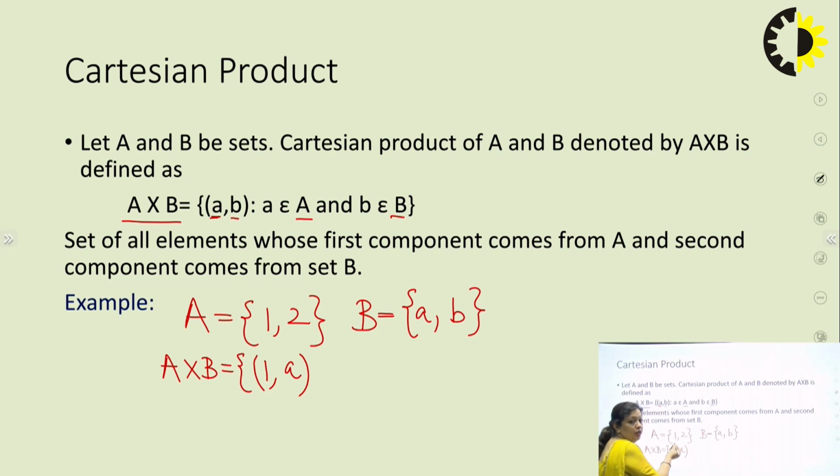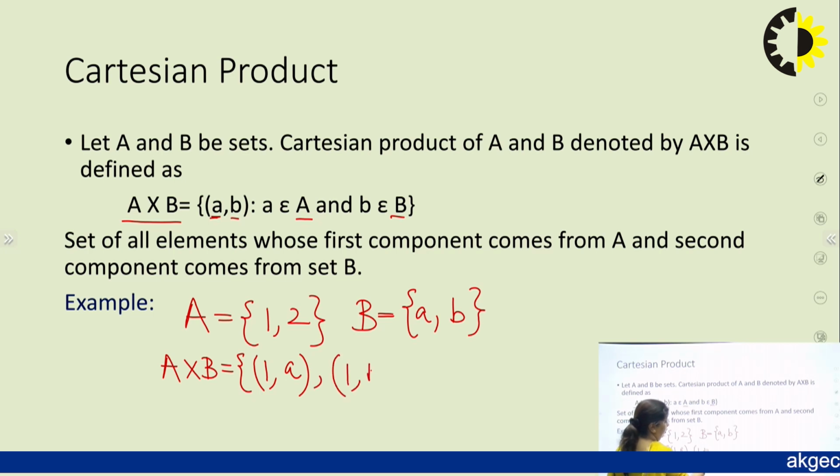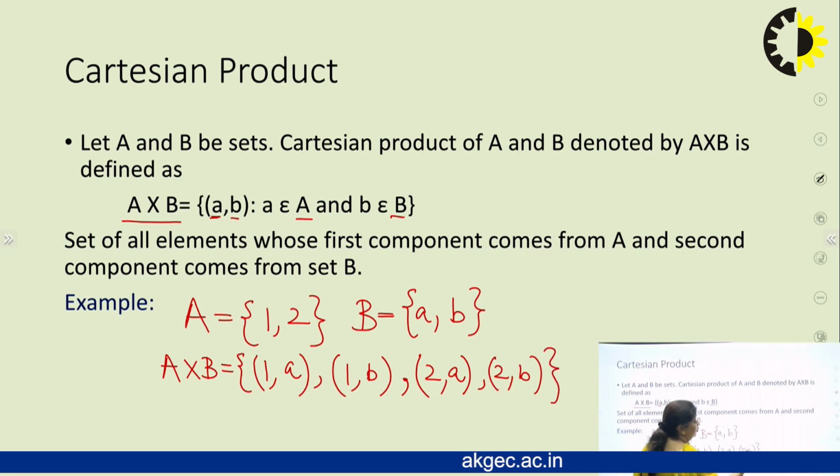Here 1 belongs to set A and a belongs to set B. Then I'll have another component (1, b). Then (2, a) and (2, b). So this is the set of all the possible combinations such that the first object should belong to set A and the second should belong to B. So this is my Cartesian product A cross B for this A and B.